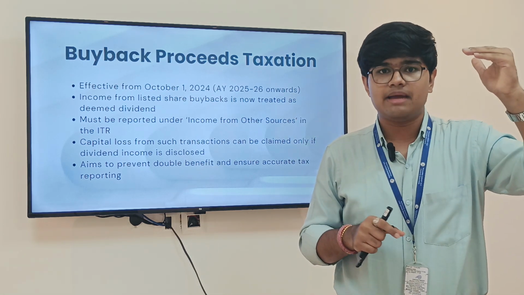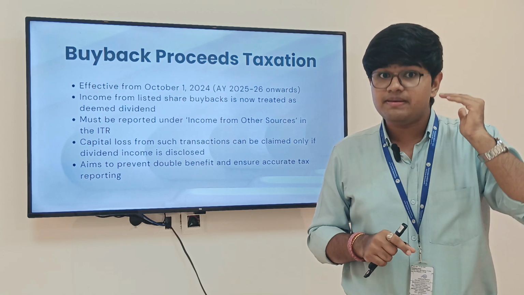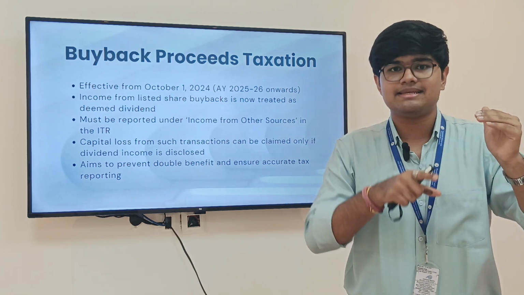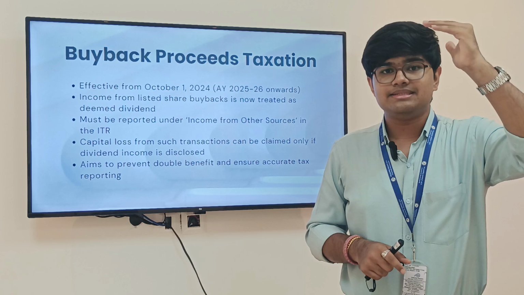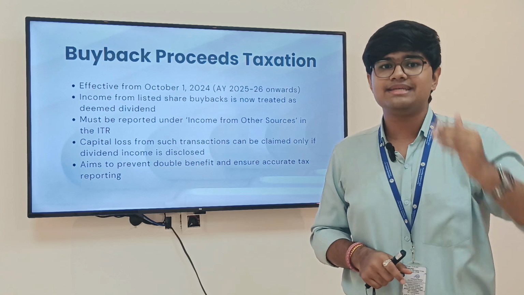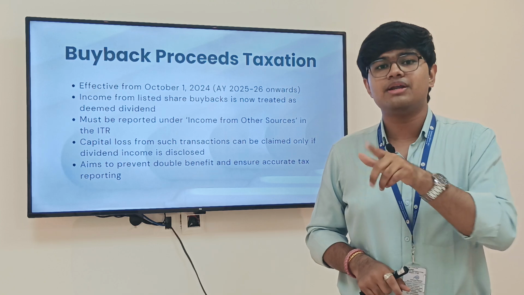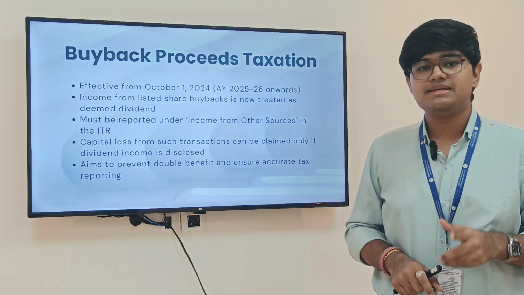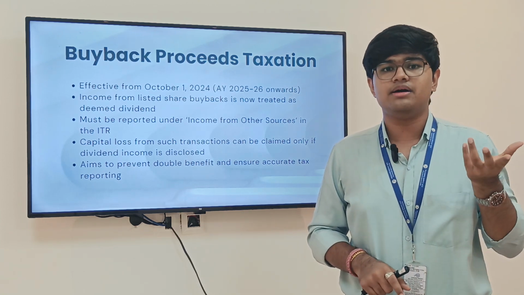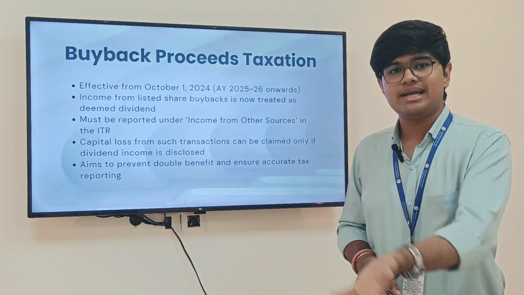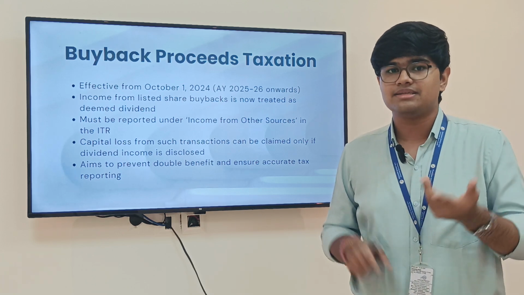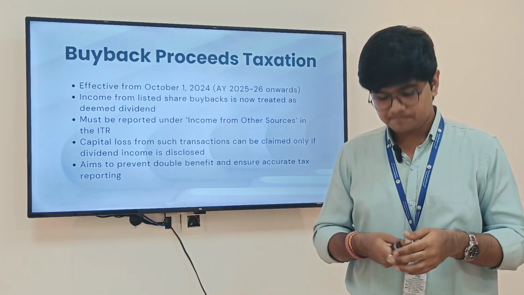So sale proceeds under capital gain will be zero, but there will be some cost, for example, X amount. So when you reduce some amount from zero, it is negative. That means it is capital loss. So minus X will be your capital loss, and this can be set off against other capital gains, and can be carried forward as well for the next 8 assessment years, just the way we normally do it.